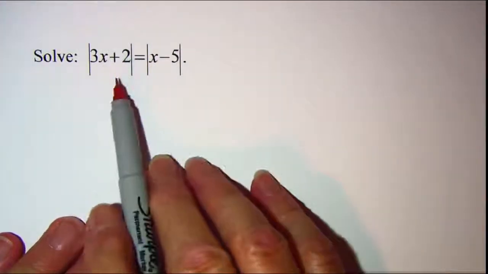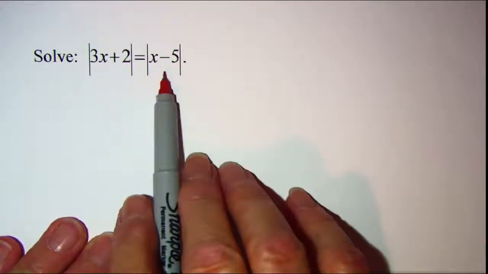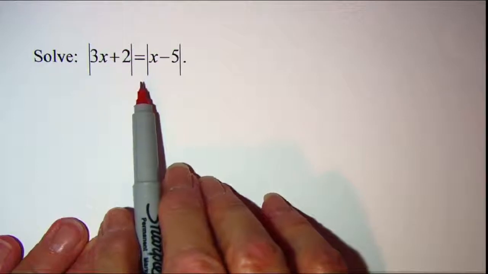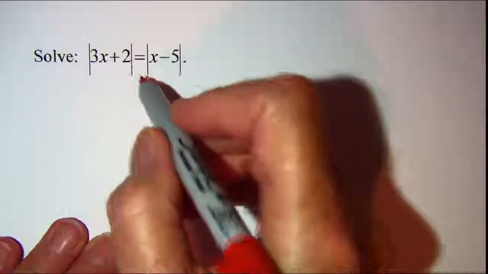On this one, we have absolute value on both sides of the equation. I need to remove those absolute value bars before I can start solving. So I'm going to write two equations.